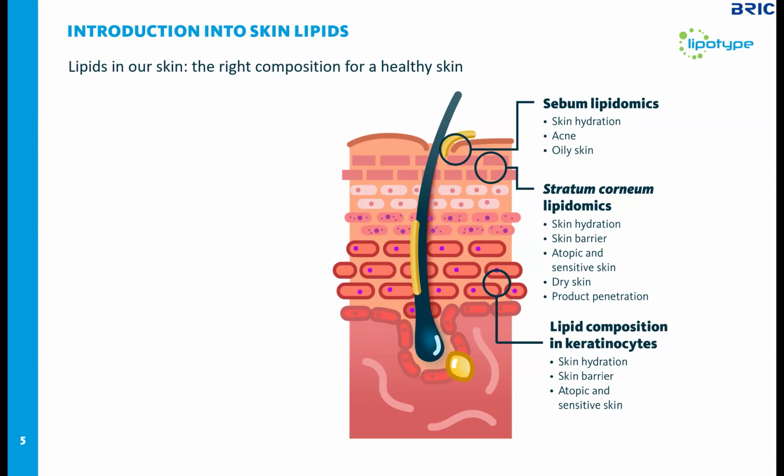place in the skin. So the process of lipid biosynthesis begins in keratinocytes with enzymes initiating synthesis of fatty acids from acetyl-CoA. Afterwards, these fatty acids undergo elongation and desaturation processes, which creates various long-chain fatty acids, which are especially important for skin barrier function.